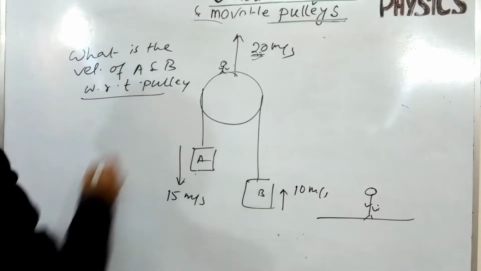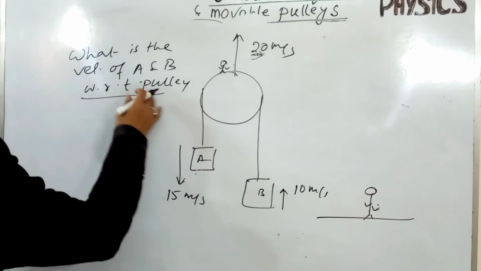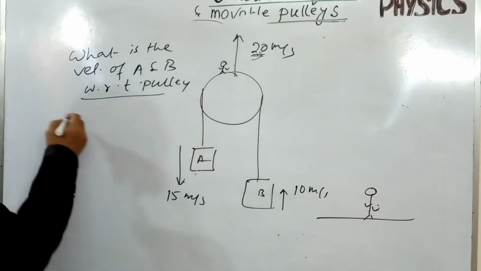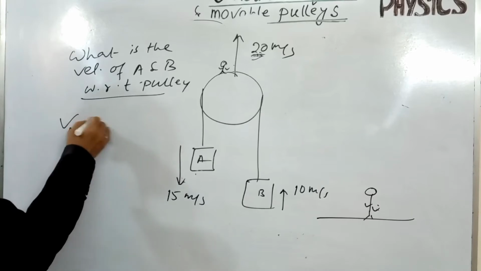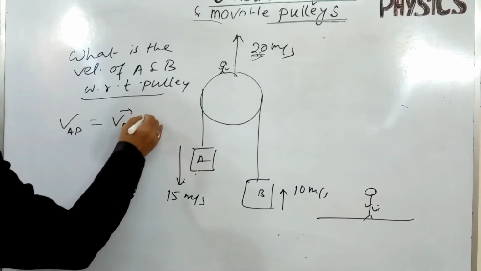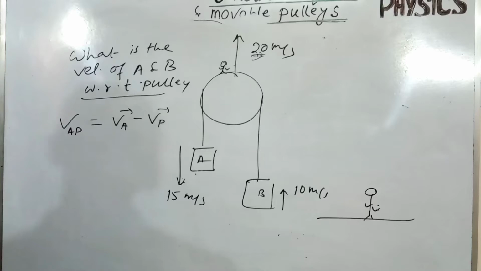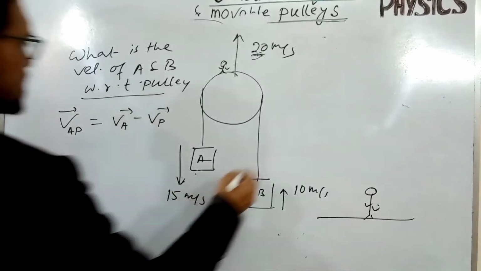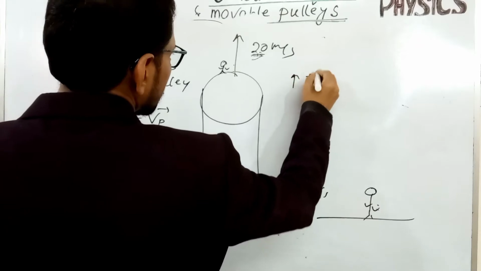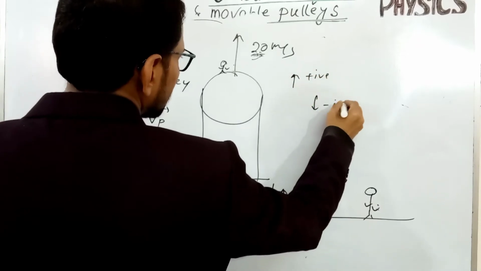Now for this problem this is relative, so we determine the velocity of A with respect to pulley. Now from relative velocity we know Va minus Vp. So Vap, we have to find Va minus Vp. Now if this direction we take positive, then this direction we take negative.